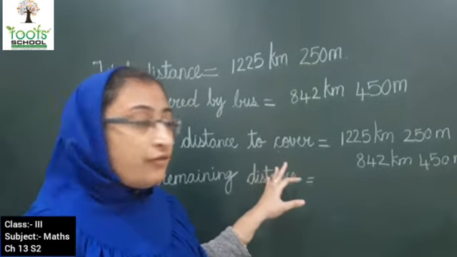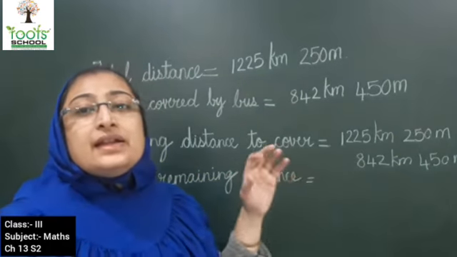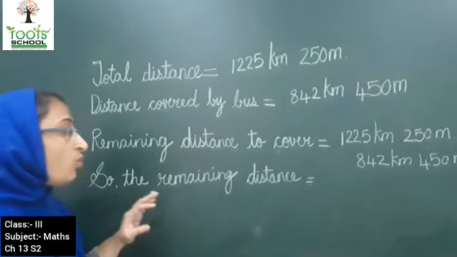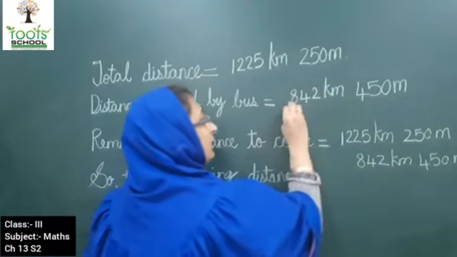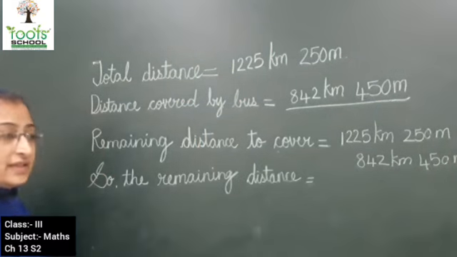Remaining distance to cover is equal to the total distance minus the distance which the bus has covered till now. So what will be the remaining distance? You have to subtract the distance covered from the total distance.